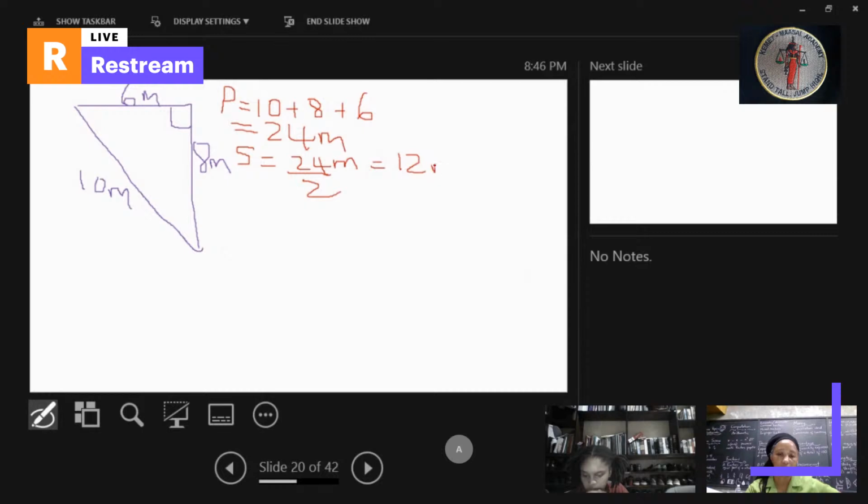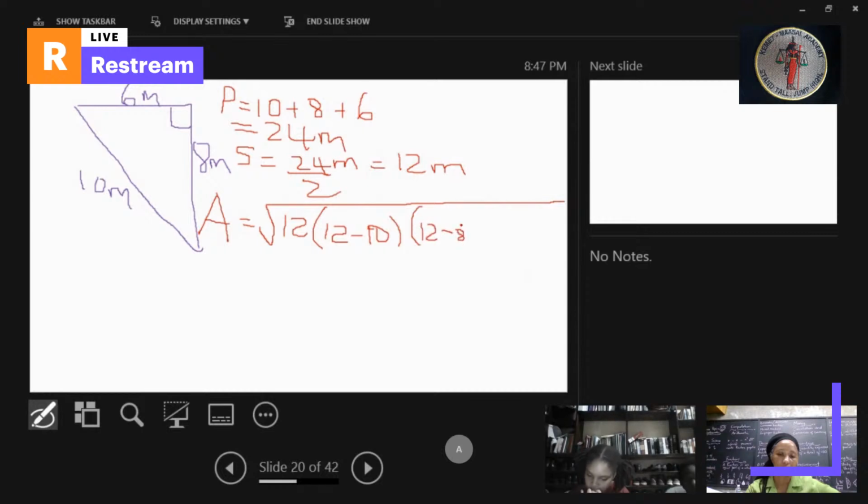Okay. So miss, then we're going to plug the 12 meters into the equation. So square root of 12, miss, the first one would be 12 minus 10, 12 minus 8, and 12 minus 6.